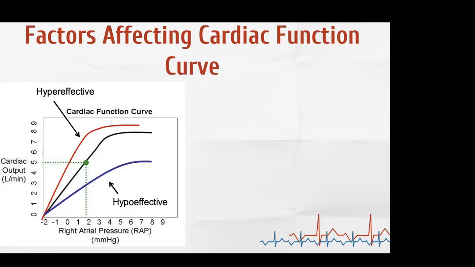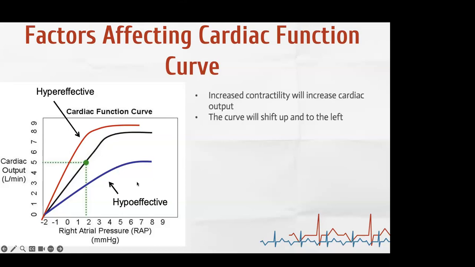So now, over here, this is the normal graph. Now, this graph moved up. It increased. So what do you think happened from here to here? Contractility increased. Excellent. And over here, the contractility decreased. Increased contractility will increase cardiac output.